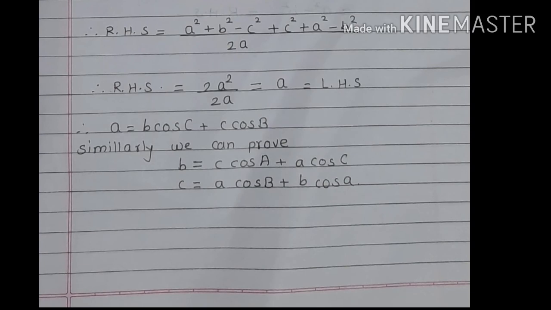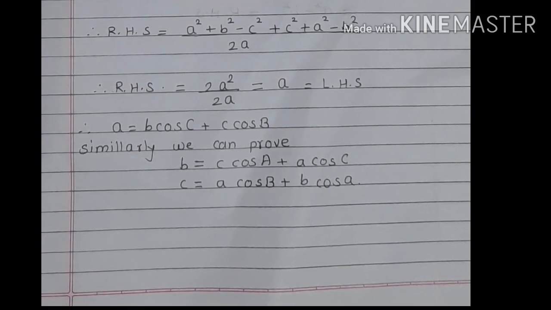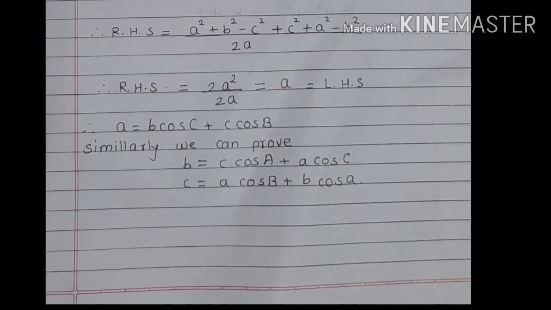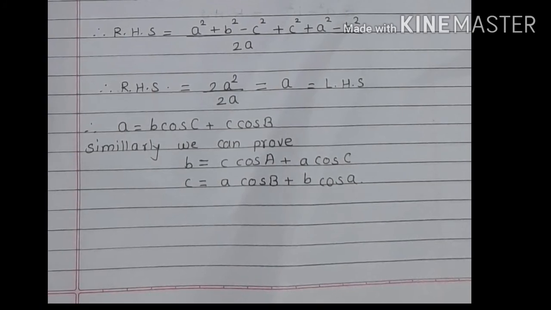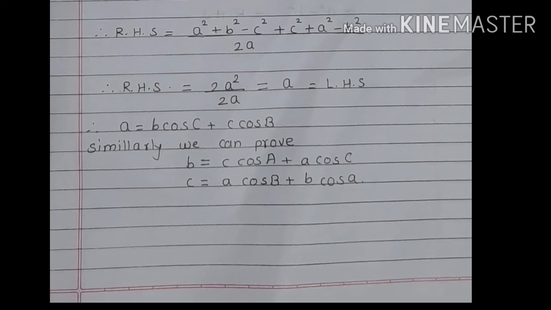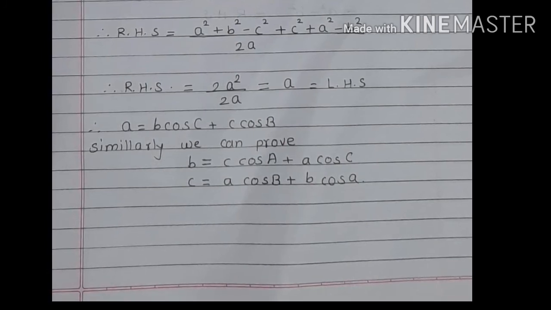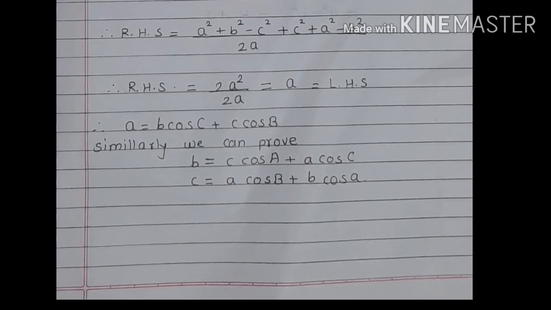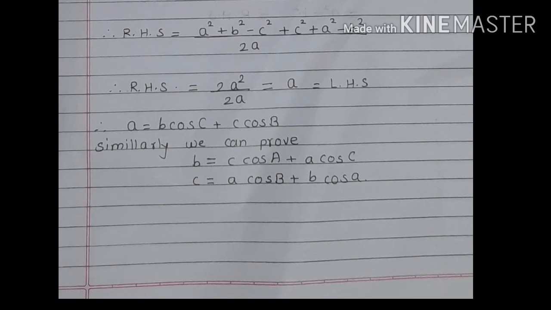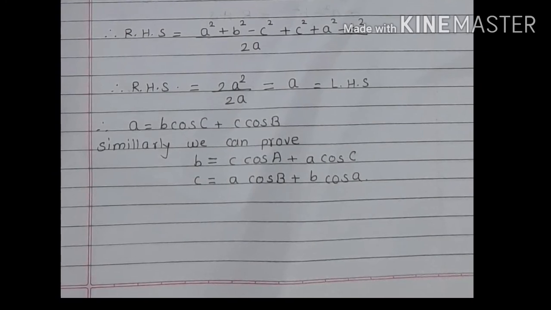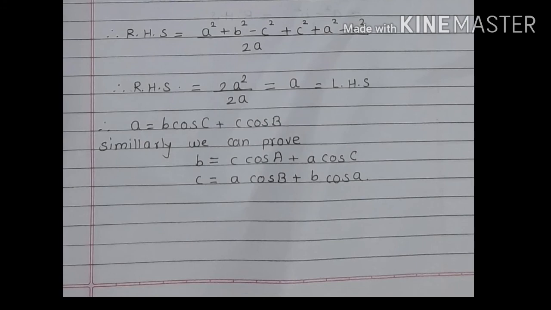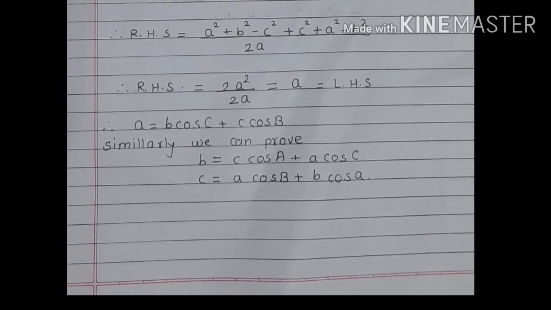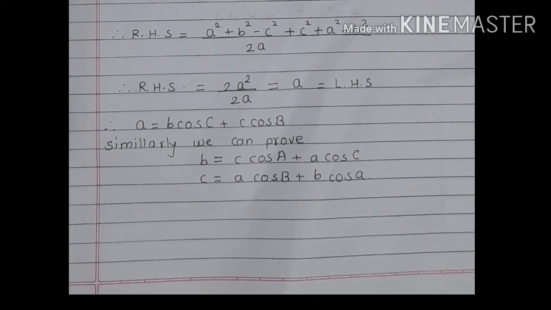As the denominator is the same, we get a square plus b square minus c square plus c square plus a square minus b square upon 2a. Cancelling the terms, we get 2a square upon 2a is equal to a, which is our left hand side. Therefore we can say that small a is equal to b cos C plus c cos B, and small b is equal to, similarly we can prove, c cos A plus a cos C. Small c is equal to a cos B plus b cos A, which is the projection rule.